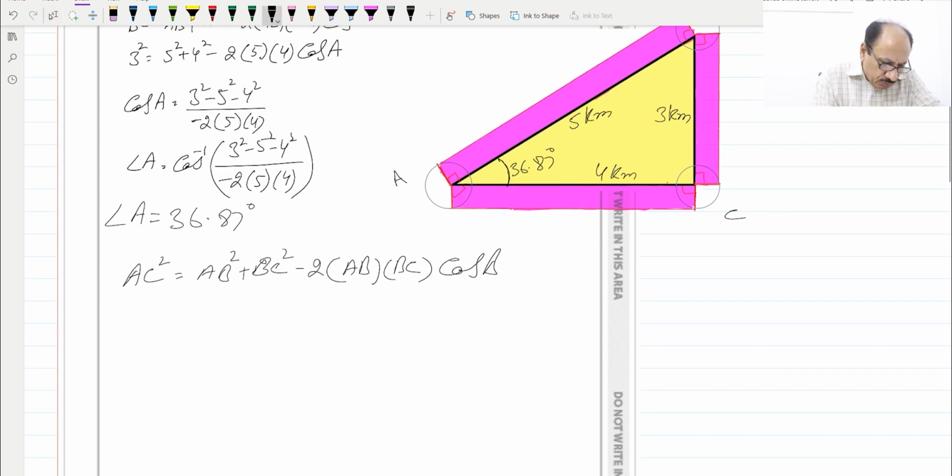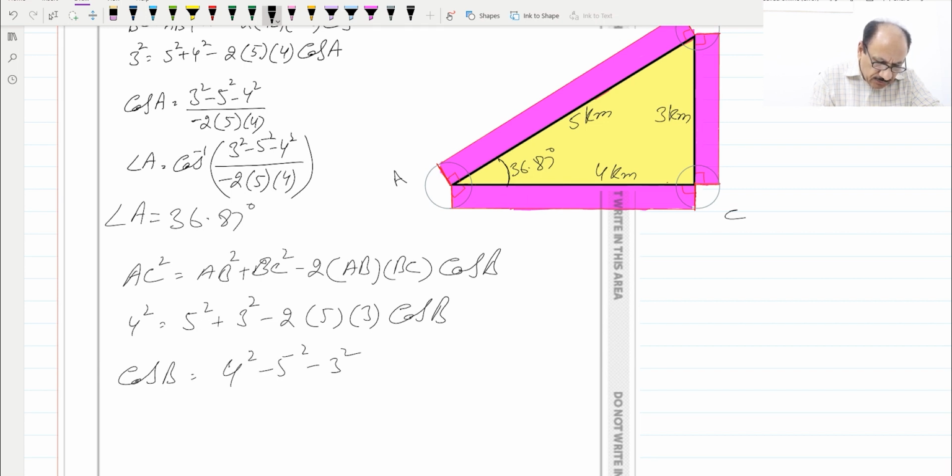AC is 4, so 4 square is equal to AB 5, so 5 square plus BC will be 3, so 3 square minus 2 into 5 into 3 cos of B. Now we can again write cos of B will be equal to 4 square minus 5 square minus 3 square divided by minus 2 into 5 into 3.